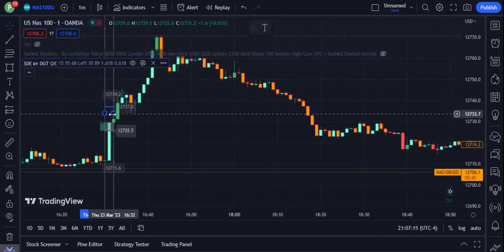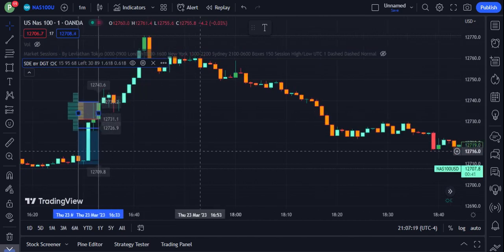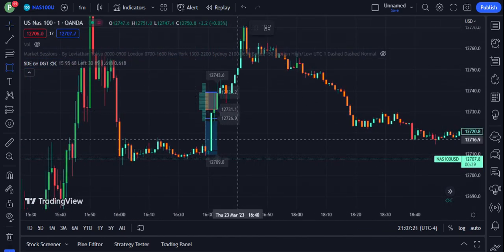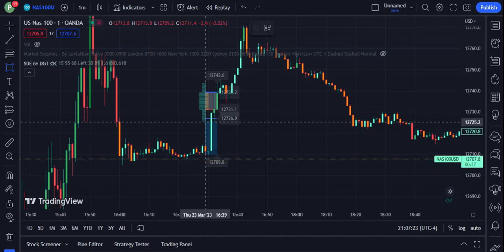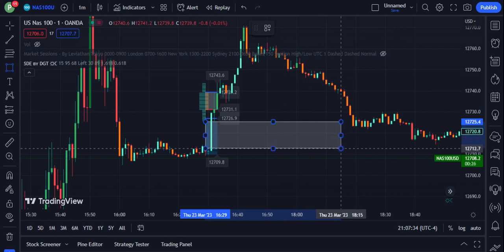Drag it one candle over to each side. That helps you get a bigger picture. Now, you have, first of all, the ICT fair value, which is no overlap between the candles. So you have that. Now you draw the actual indicator to see if there's an actual imbalance.